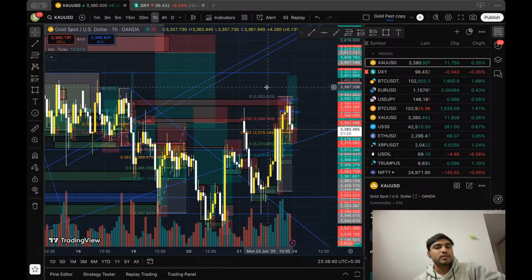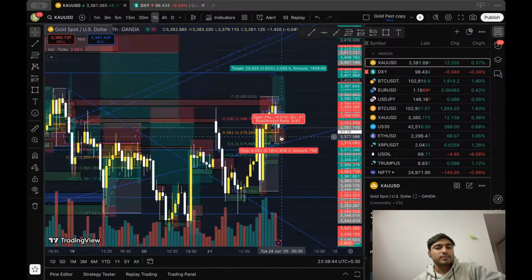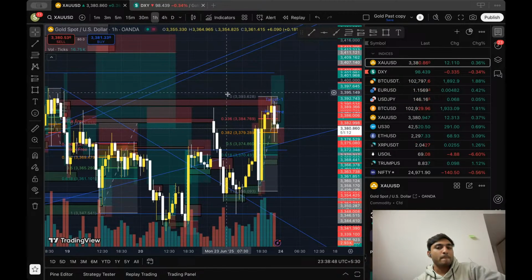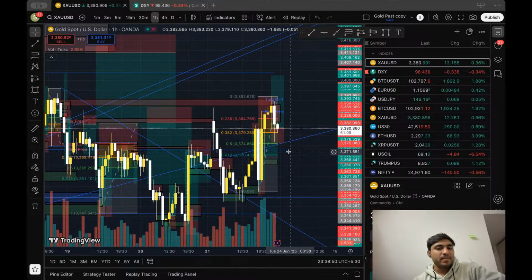So in market structure in 4 hours, 1 day, all these suggest it's going to go up. I am pretty sure it's going to go up.